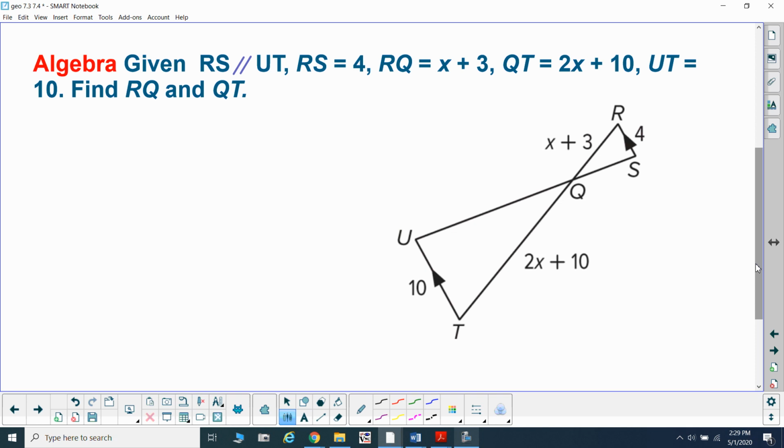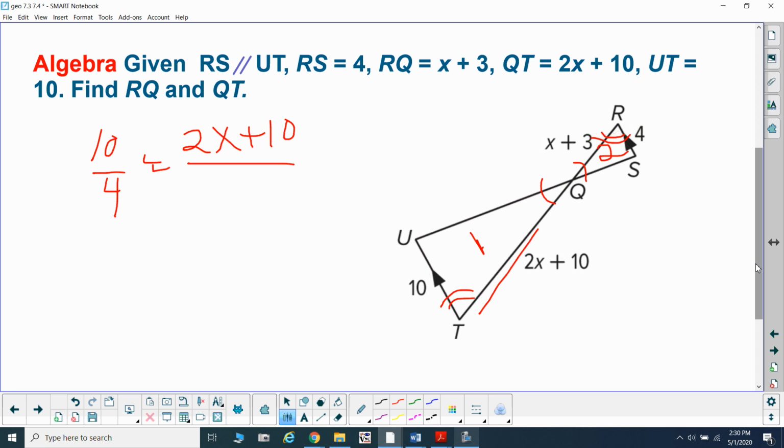So again, we have the vertical angles that are congruent. I have alternate interior angles that are congruent. So I have to set similar sides over similar sides. I know 10 over 4. So I started with triangle 1, and I'm going to triangle 2. 10 over 4 equals 2x plus 10 over, and in the other triangle, the one that goes from a 2 to a 1 would be this one, x plus 3.